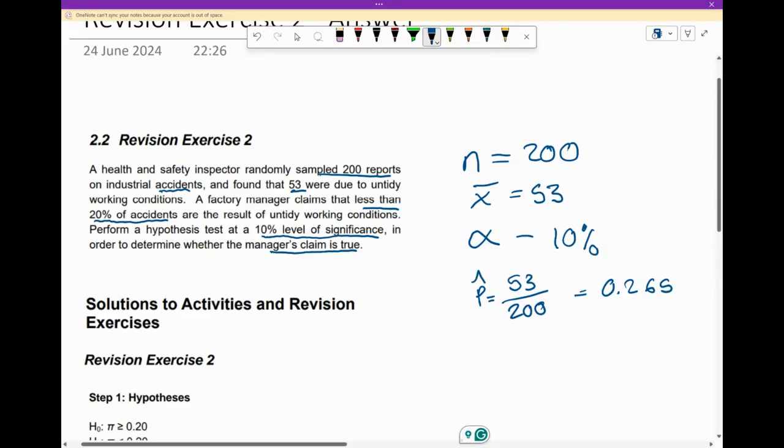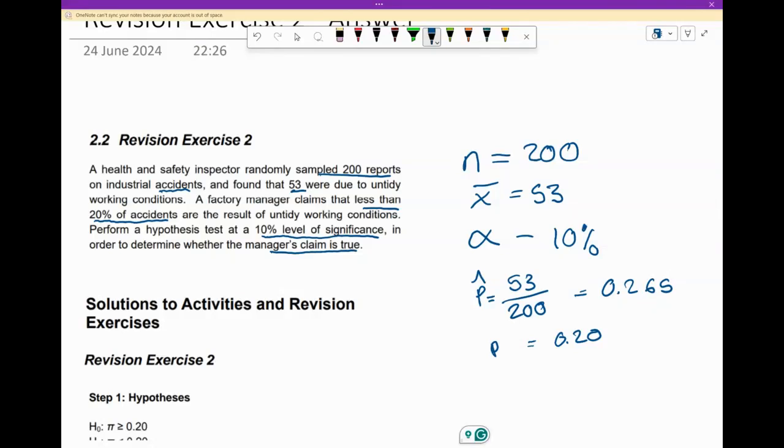Okay. But this manager is saying that, hey, no, our population is equal to 20%, which is 0.20. So the 53 over 200 is the sample.